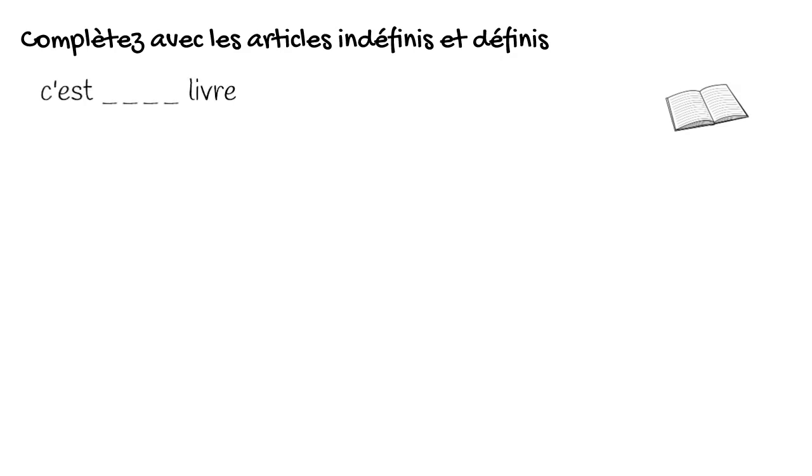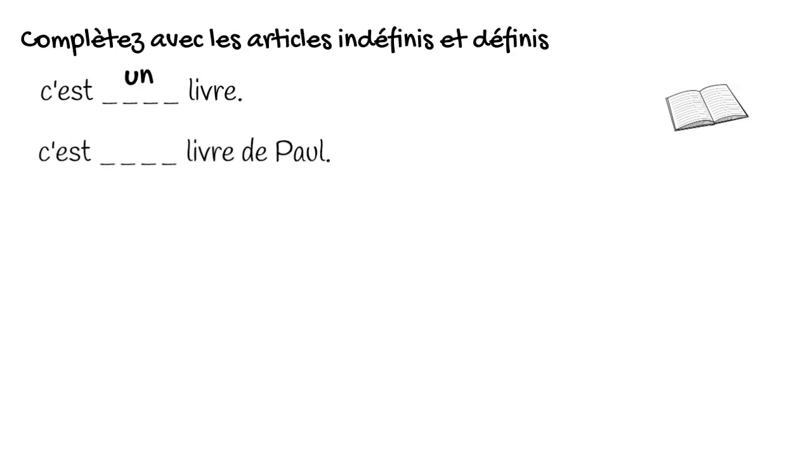Now let's do an exercise together. Complétez avec les articles indéfinis et définis. We have to complete it according to the situation. Now here we have a book. Say dash livre. It's general, it's indefinite, it's a book. So c'est un livre. This is a book. Now here we have say dash livre de Paul.